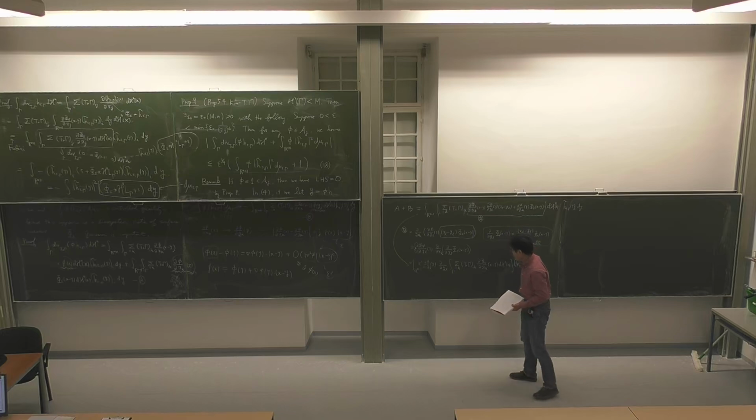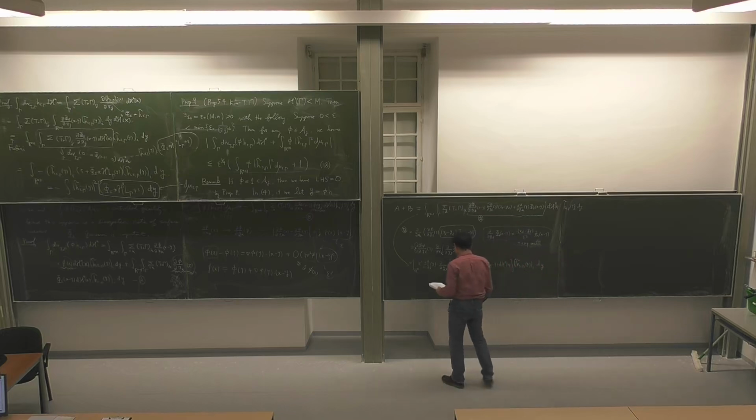Okay. So I hope it's clear. Now here is something very nice. You notice that this is nothing but minus h tilde from gamma i times epsilon plus this.